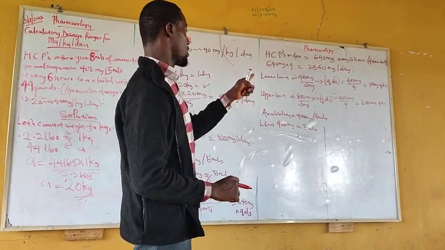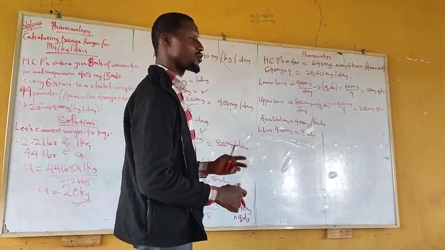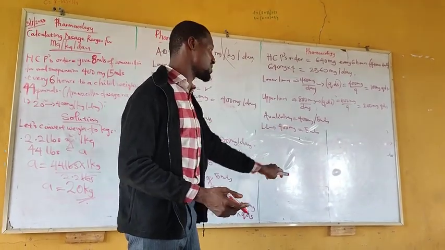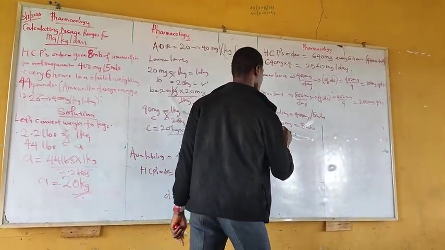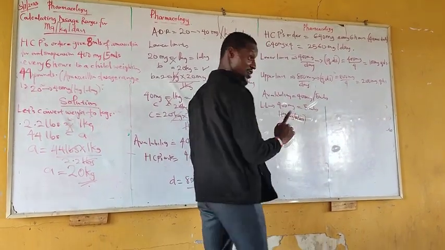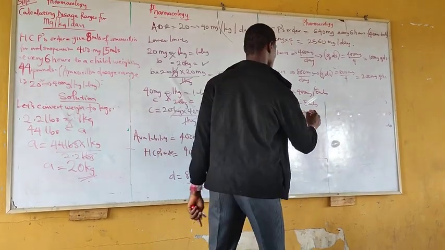Then 100, because we are calculating for a single dose. If I have to calculate for a whole day, I got my 400, which will also be that. So my 100 milligram QDS. Do you understand it? Yes. So that will be equal to what?